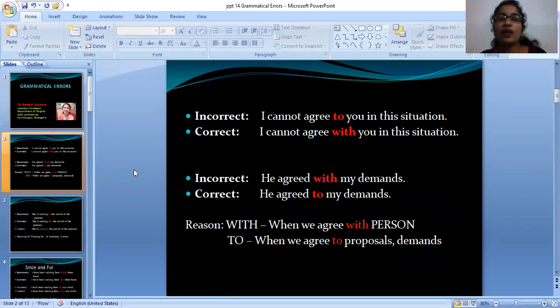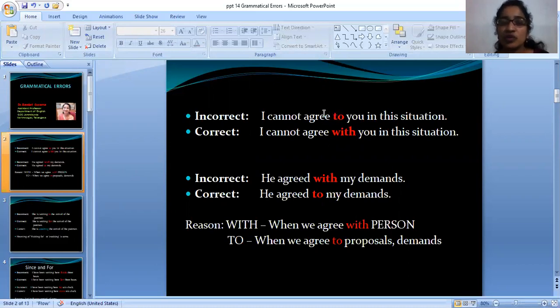Here are a few examples. In the first example, the sentence is, I cannot agree to you in this situation. But is this sentence correct? It's not, because the preposition to be used here is not to.